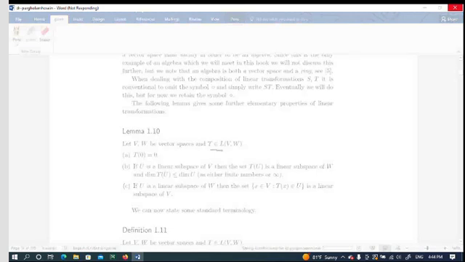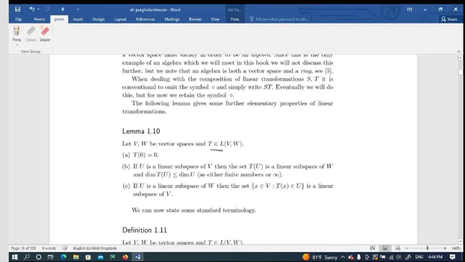If T is a linear transformation from V to W, we have these properties. T of 0 equals 0. So any linear transformation takes 0 to 0.